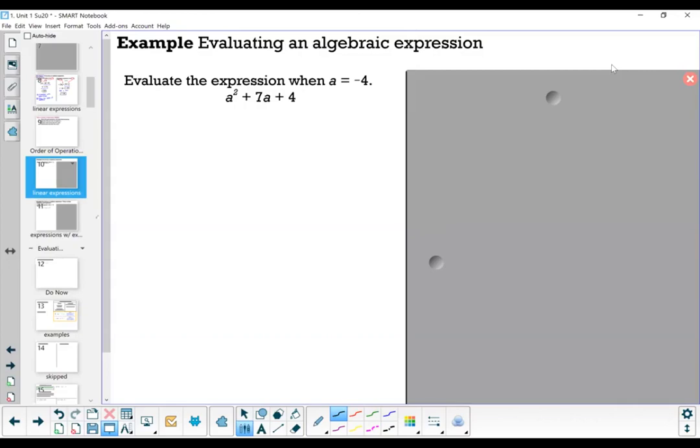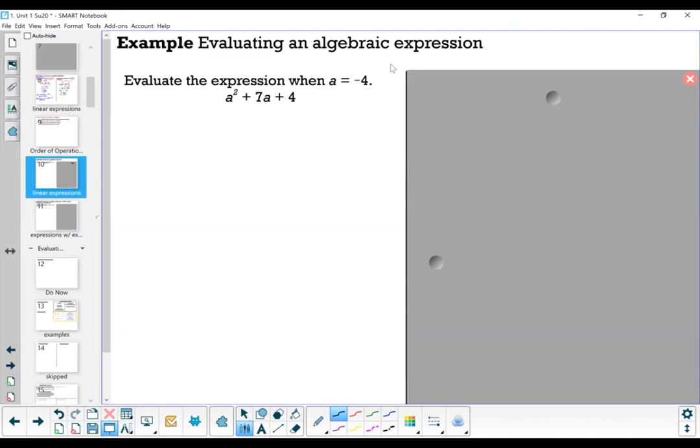So our algebraic expression here, we have a squared plus 7a plus 4. And we want to evaluate the expression when the value for a is -4.